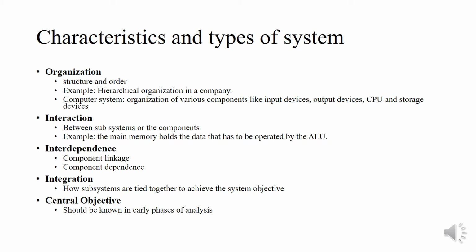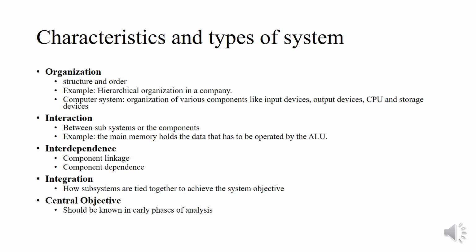Interdependence. This is very important, where component linkage and component dependence. As I mentioned, every component has its boundary. So input devices cannot interrupt output devices, and cannot interrupt CPU work. Input devices are responsible for getting the input.